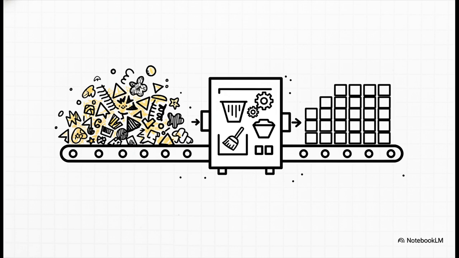If we just dumped all that raw, mismatched stuff from spreadsheets and sensors directly into our warehouse, it would be a total disaster. You'd have duplicate records, missing values, and incompatible formats just crashing your queries left and right. So this transformation phase acts as the ultimate sorting and refining line. We standardize the formats, filter out all the garbage, and just make absolutely sure every piece of information is uniform and reliable before it ever hits the shelves.